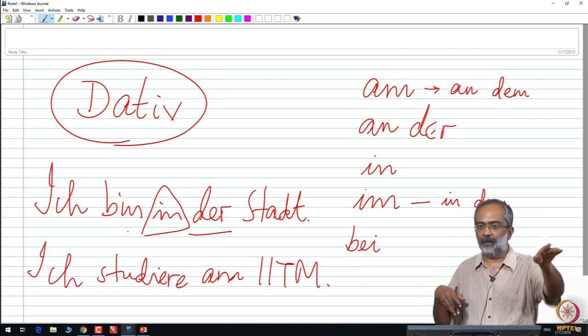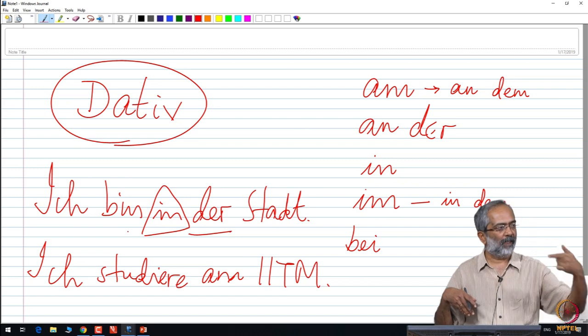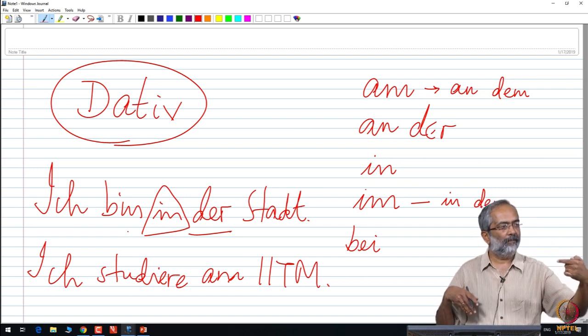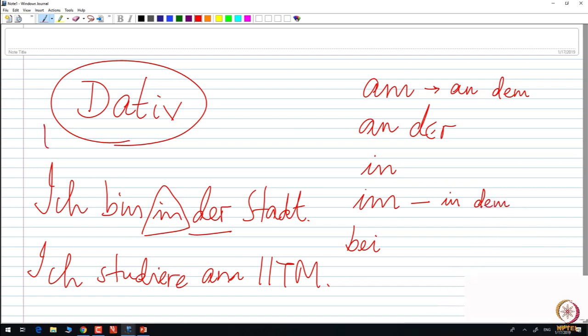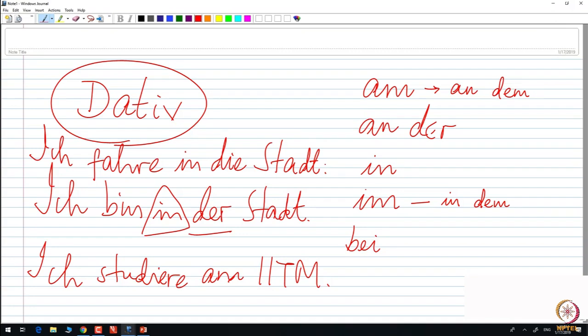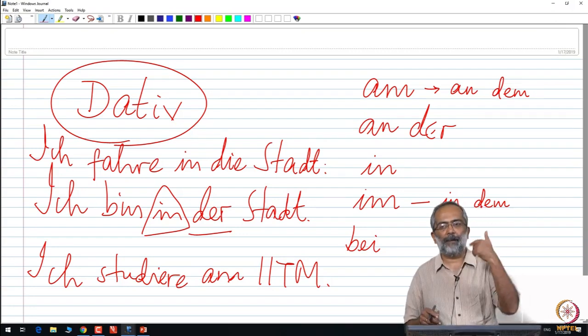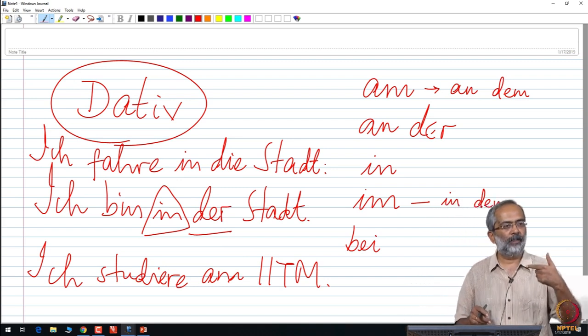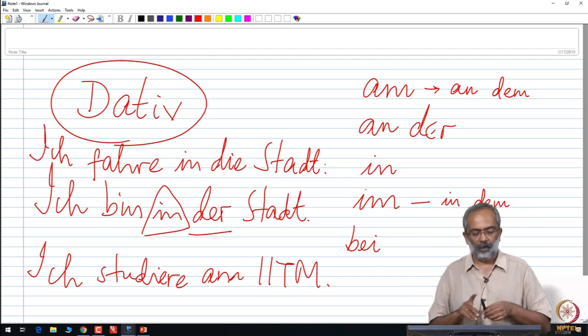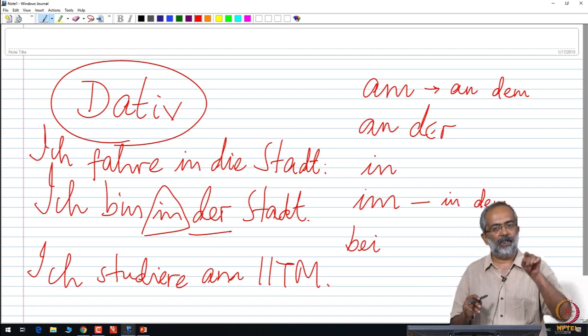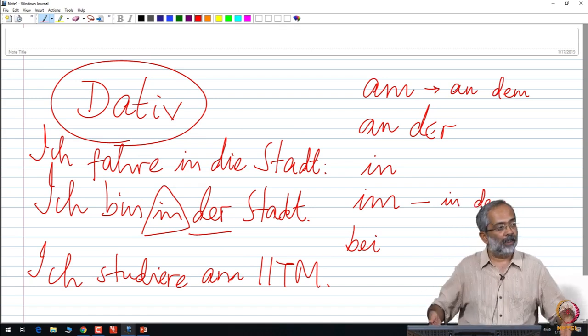Into the city. Accusative. Ich fahre in die Stadt, and ich bin in der Stadt. That difference is made apparent in German through accusative and dative. So, I am driving into the city, ich fahre in die Stadt, Akkusativ. I am in the city.